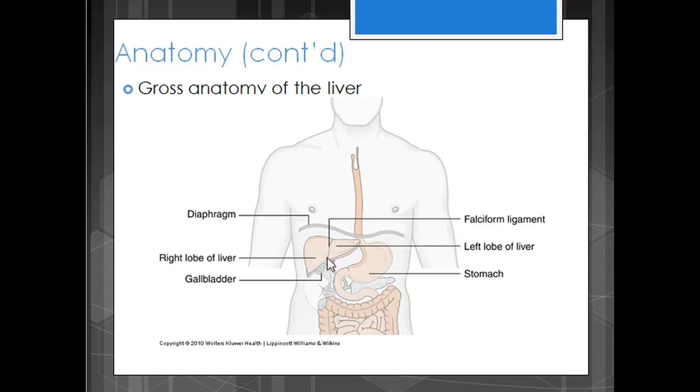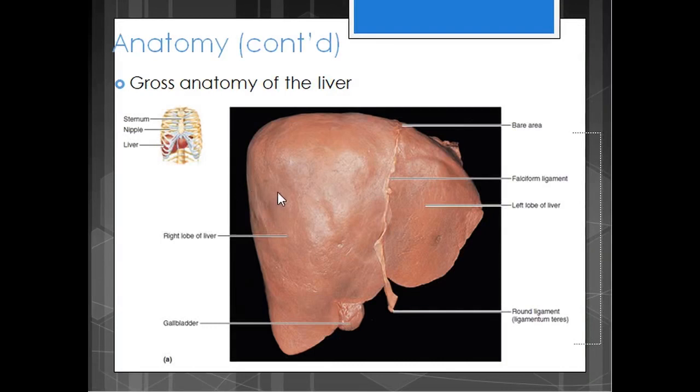So we have it here. And below the liver, we have the gallbladder. Here is a closer image of the liver. As you can see here, guys, it is protected by the lower rib cage. It is very noticeable that the right lobe is much larger as compared to the left lobe.